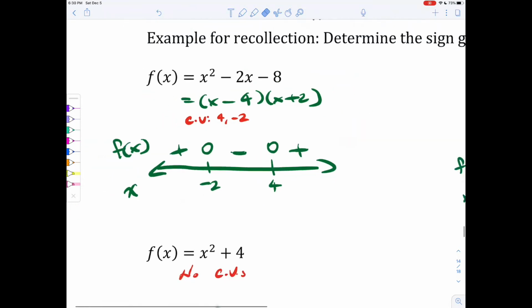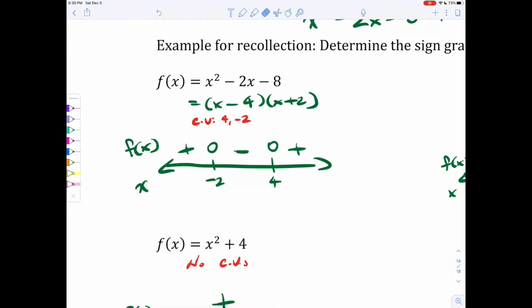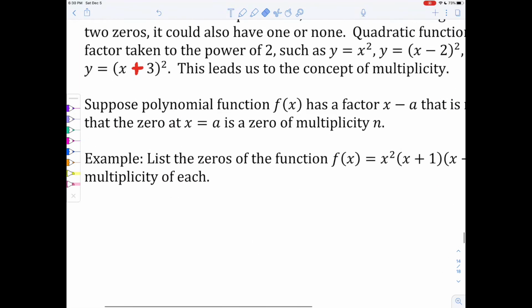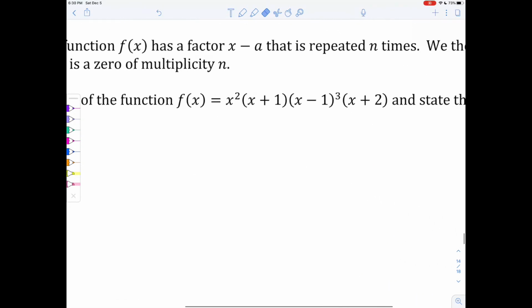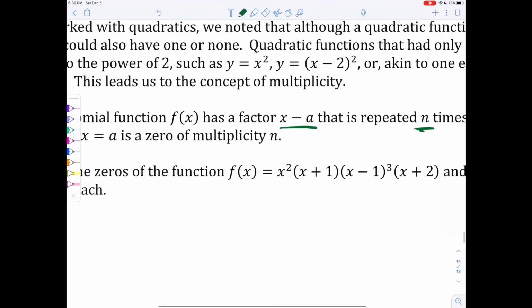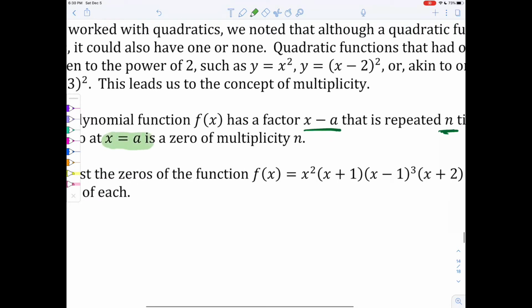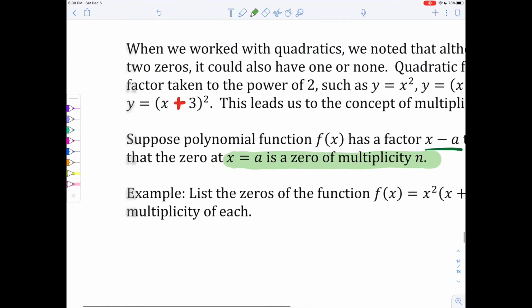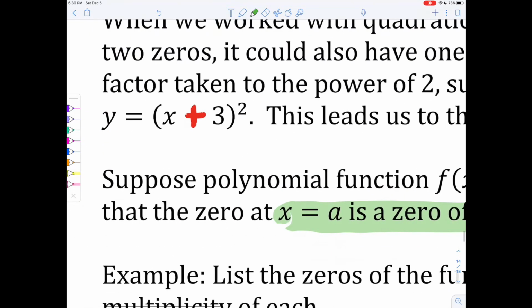So when we talk about multiplicity, we can say that if a polynomial function has a factor like x minus a that's repeated n times, then a is a zero of multiplicity n. Do note I did make a little typo here. Somebody forgot to hit shift when they went for the plus sign, so that should say x plus 3 squared.